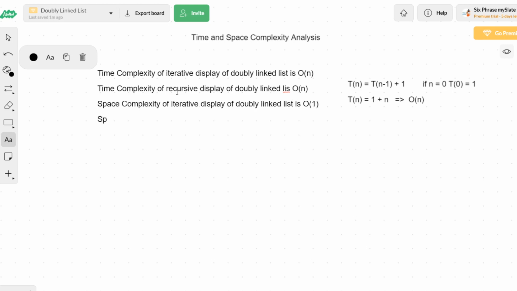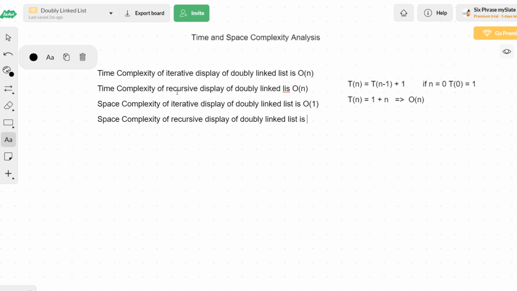Now the next one is the space complexity of the recursive display of doubly linked list. The space complexity of recursion always depends on the total number of activation records that get created.